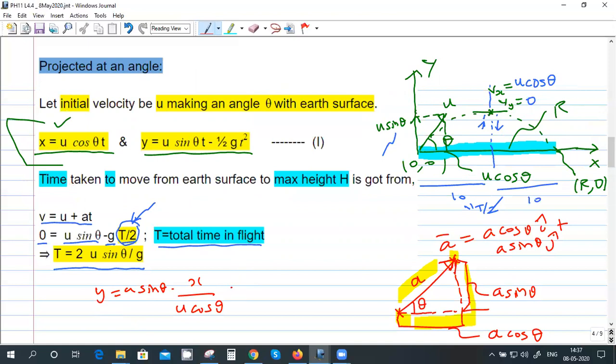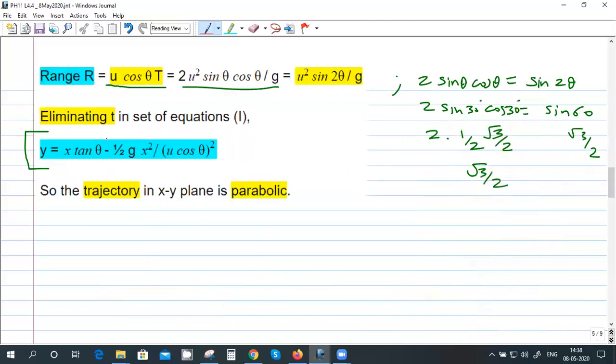And then minus half g t square. t square is x square by u square cos square theta. So this will become tan theta into x minus half g by u square cos square theta x square. The second term I'm just keeping as is. That's what is written here.